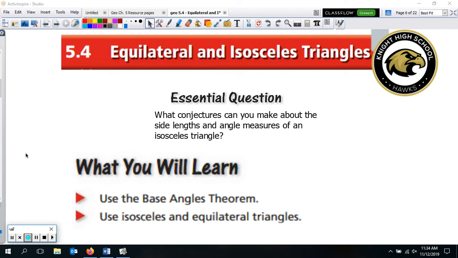Equilateral and isosceles triangles are 2 other triangles: isosceles has 2 equal sides, and equilateral has all 3 equal sides. So we're going to be looking at a couple of theorems with the base angles theorem, and also using isosceles and equilateral triangles.